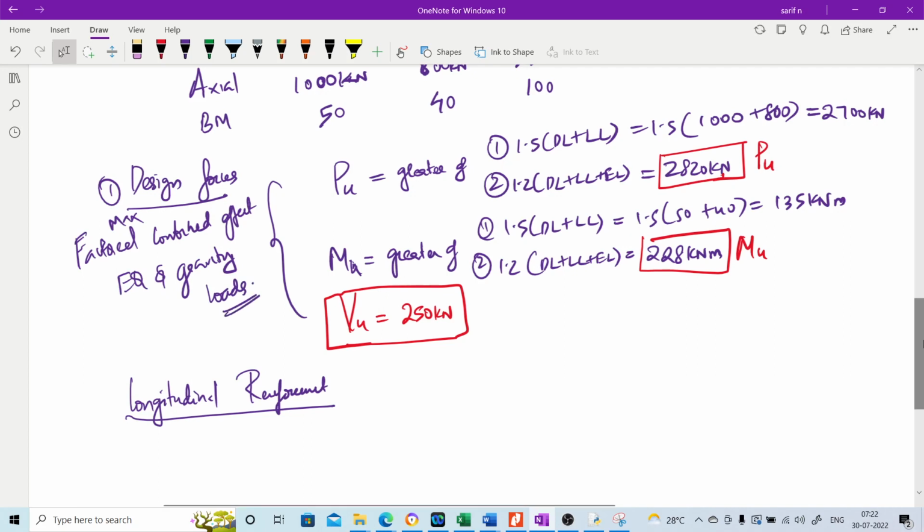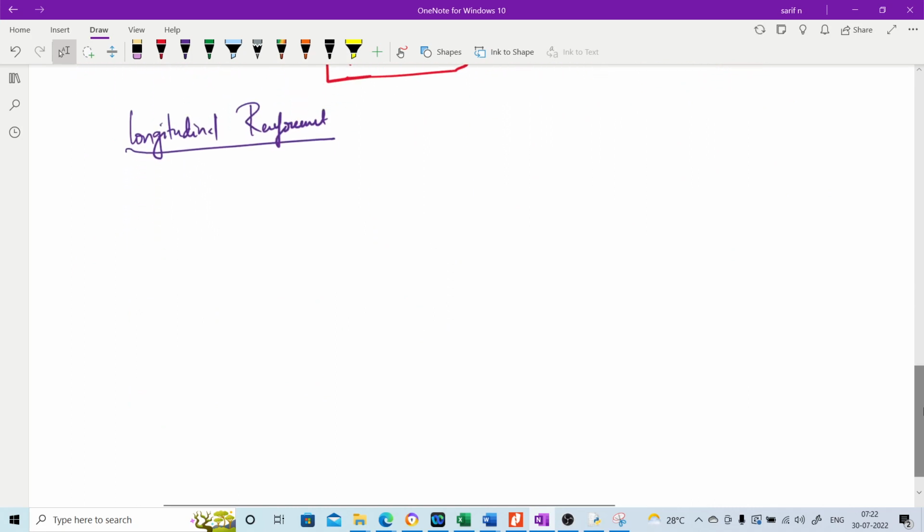Now, longitudinal reinforcement. Longitudinal reinforcement is just like what we did in IS 456. We have to use the design charts given in SP16. Here the effective depth, or the distance to the center of the reinforcement, is required.